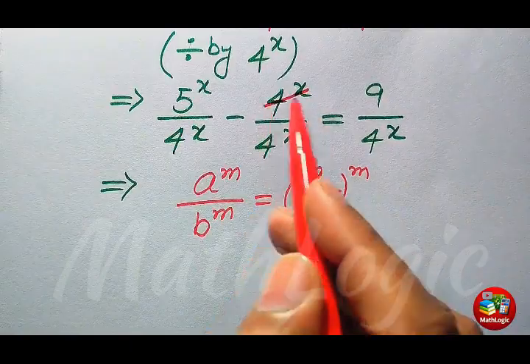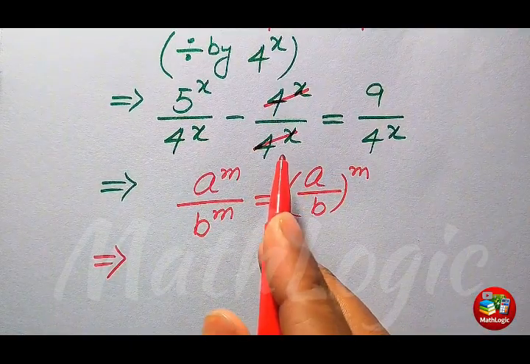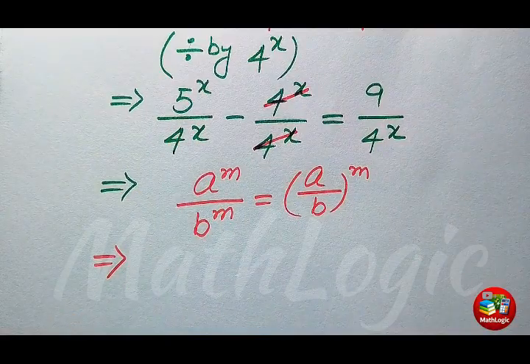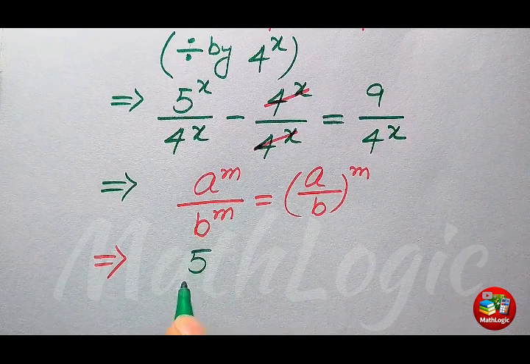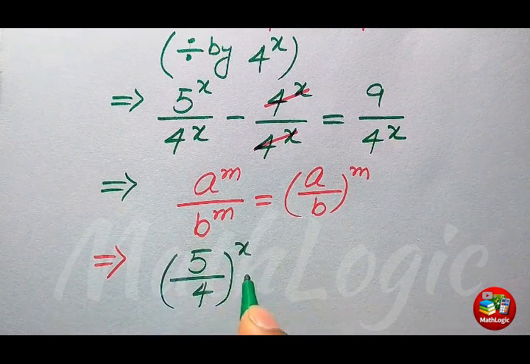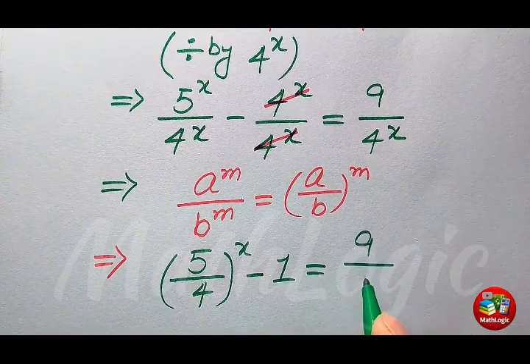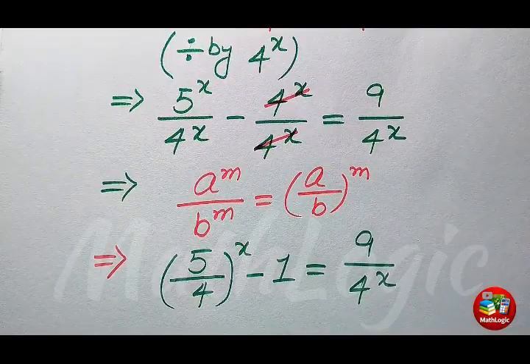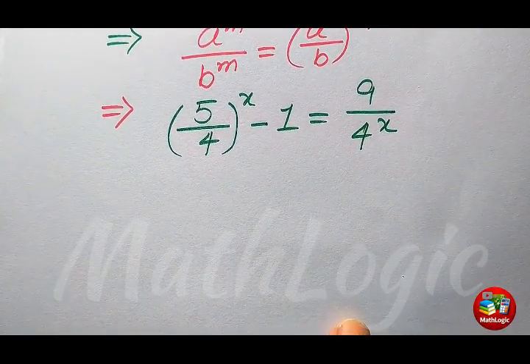And you see here, this 4 to the power of x and this 4 to the power of x are cancelled out by each other. And we need to combine the exponent of this term, and it will be written as 5 over 4 and its whole power is x, minus 1, is equal to 9 divided by 4 to the power of x.